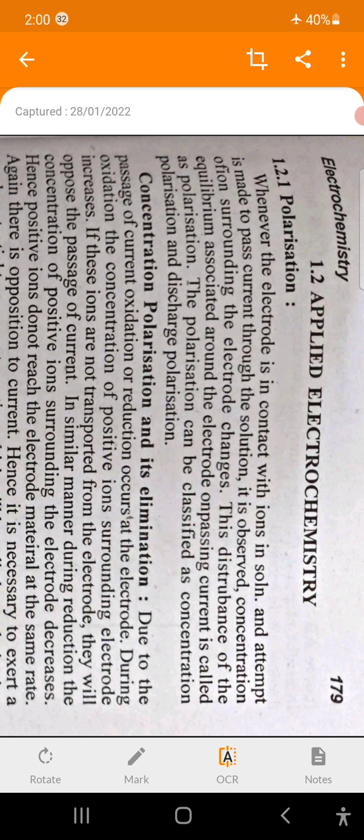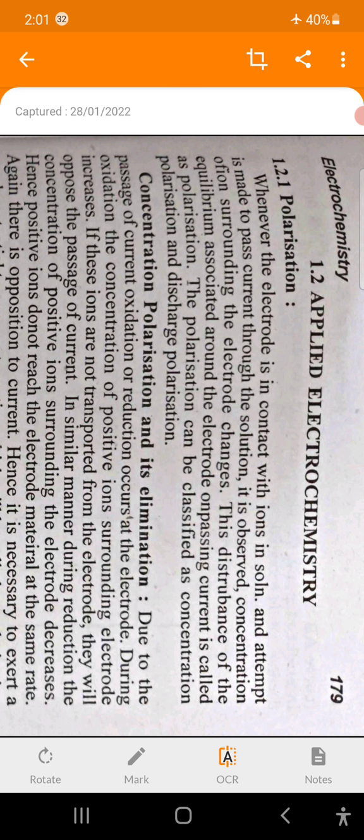When an electrode is in contact with a solution containing ions, there is passage of current through the solution. When current starts to flow, the respective reactions at anode and cathode, that is oxidation at anode and reduction at cathode, start to take place.